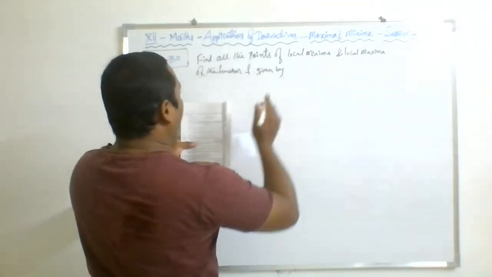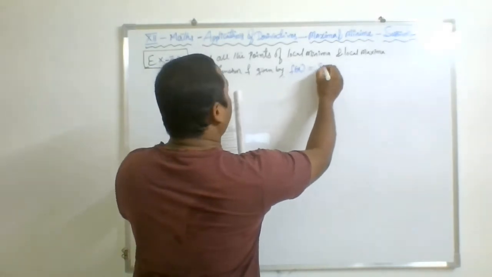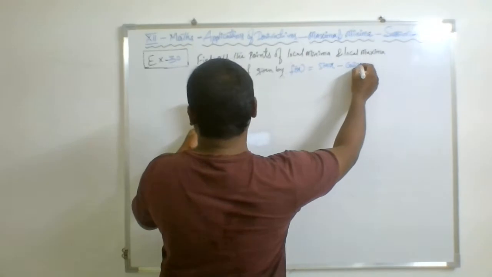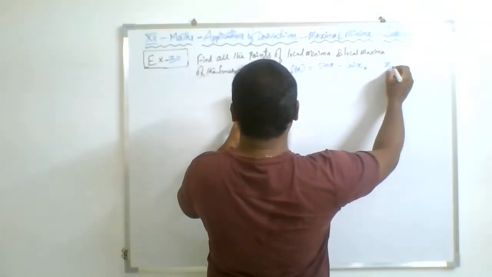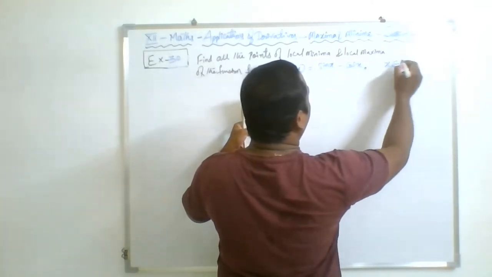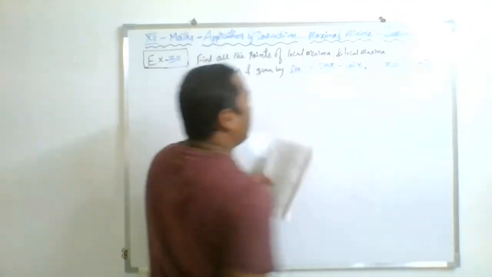Now the function we are having is sin x minus cos x, where x belongs to 0 to 2 pi. This is the question.